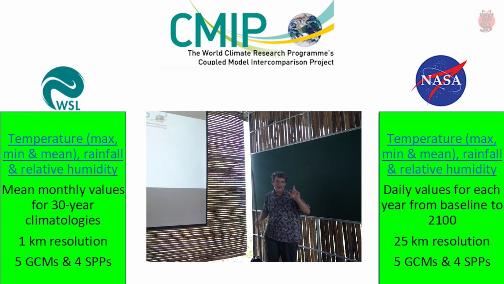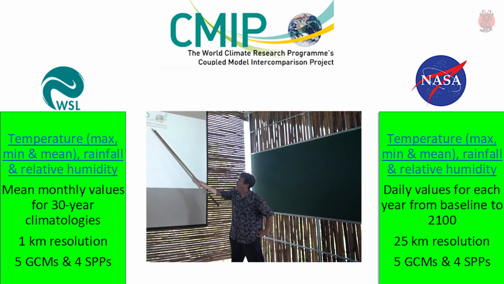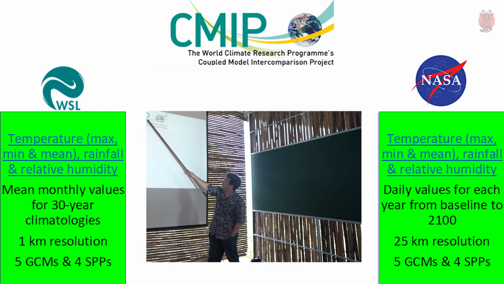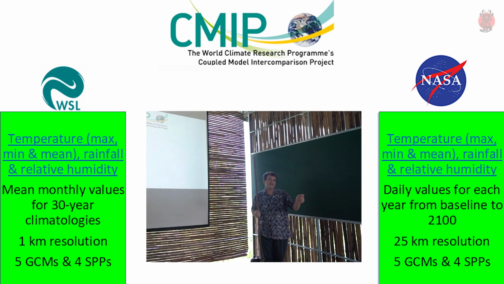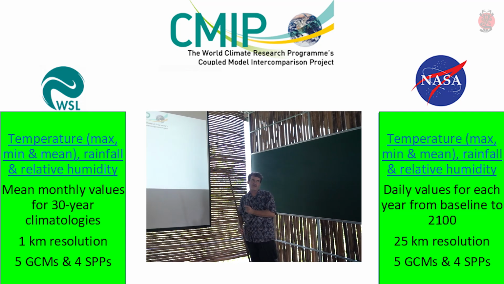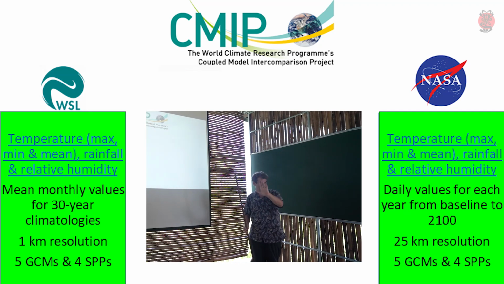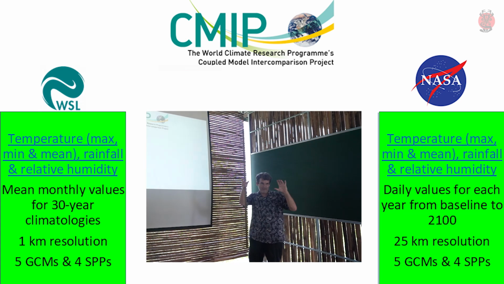The data that we're using is coming from these guys, the World Climate Research Program, which is part of the World Meteorological Organization. They're the climate scientists with the big brains that develop these general circulation models that produce that first map, that big blocky one.